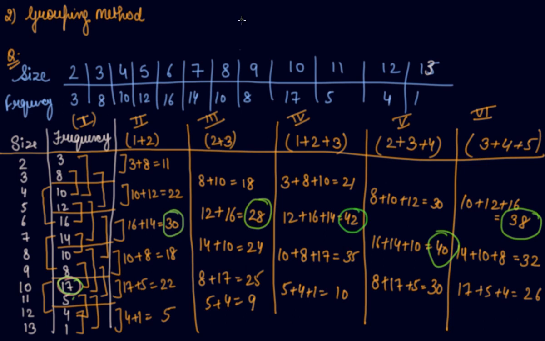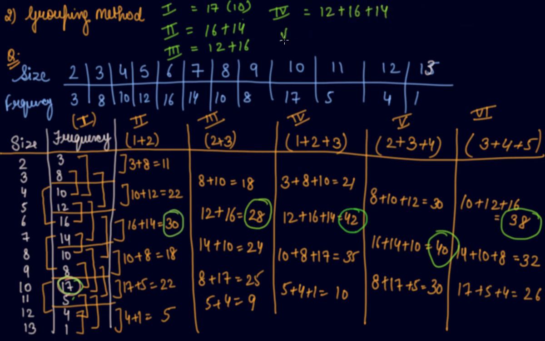As I have to change the page in order to make the analysis table, I am writing the frequencies here. In the first column, we had 17 as the frequency, so 17 was corresponding to size 10. In column 2, we had the frequency by adding 16 plus 14. In the third column, we had the frequency by adding 12 plus 16. In the fourth, we had the highest frequency 42, by adding 12 plus 16 plus 14.